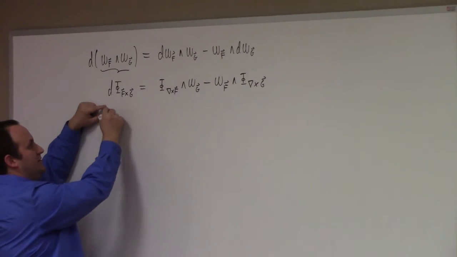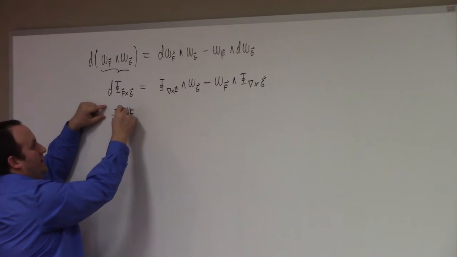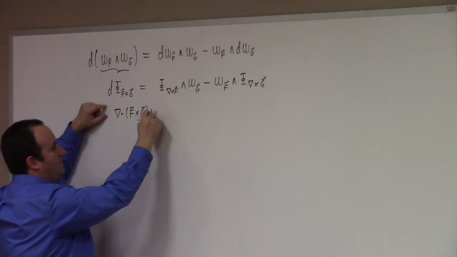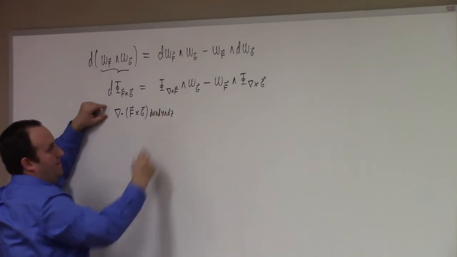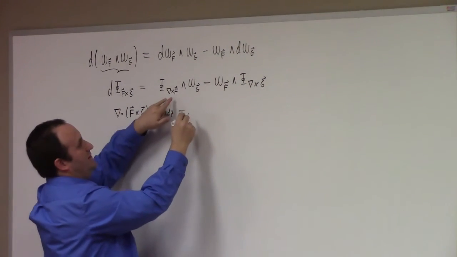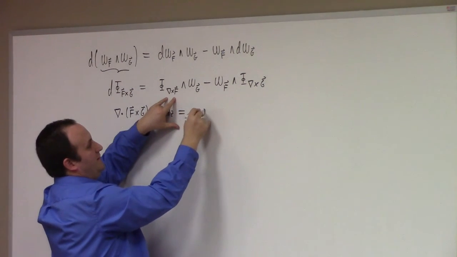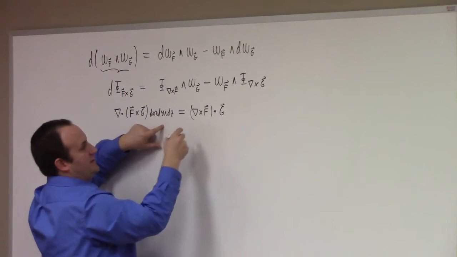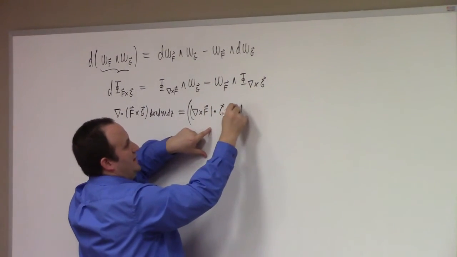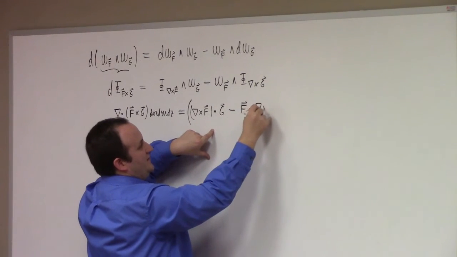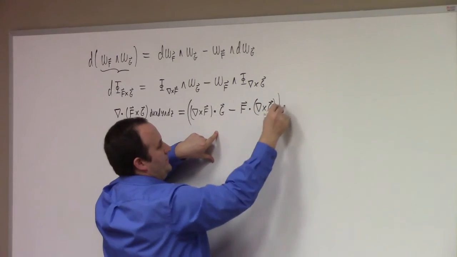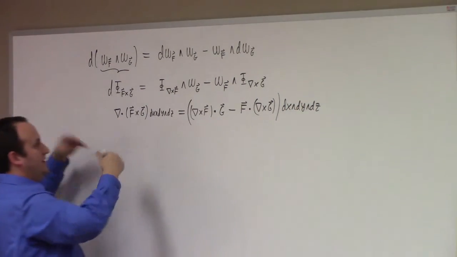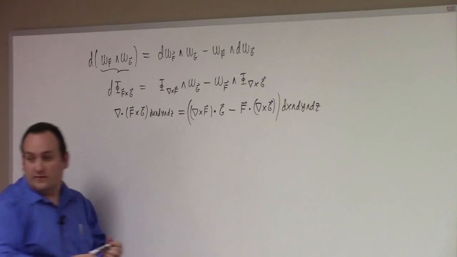Well, this is the divergence of f cross g dx wedge dy wedge dz, which equals the curl of f dotted with g times dx wedge dy wedge dz minus f dot the curl of g dx wedge dy wedge dz. And then you can drop the dx wedge dy wedge dz, and out pops this identity we derived earlier through rather different means.